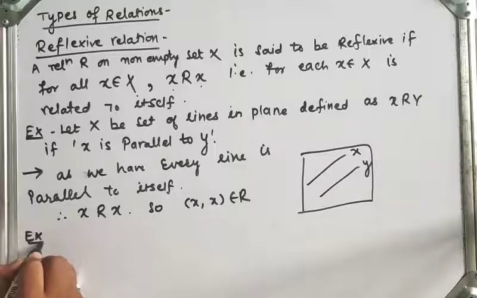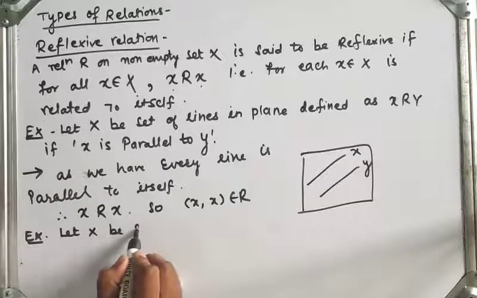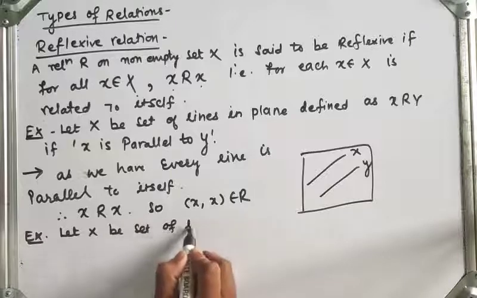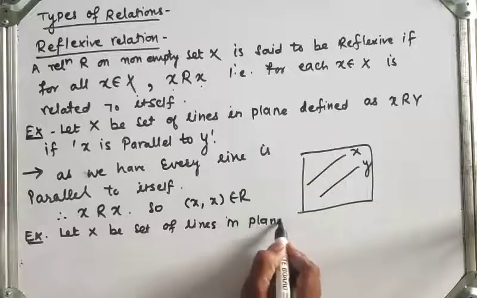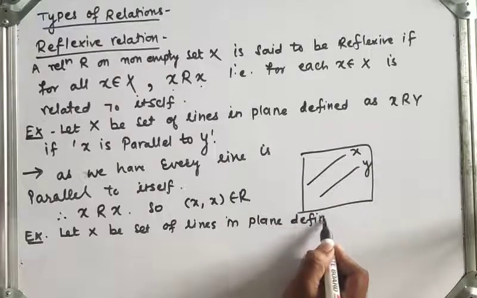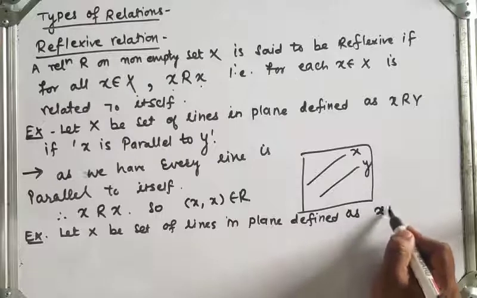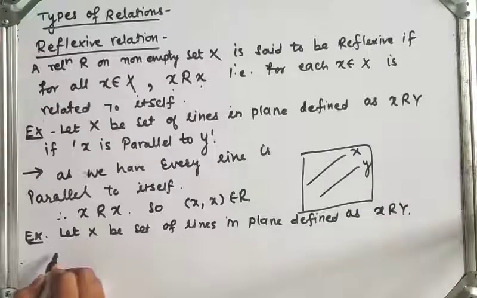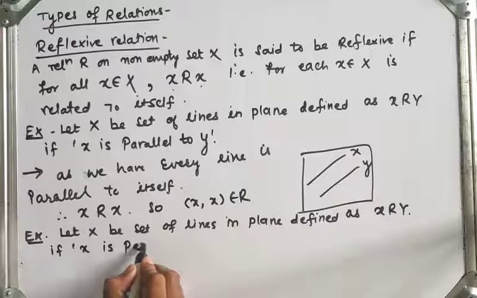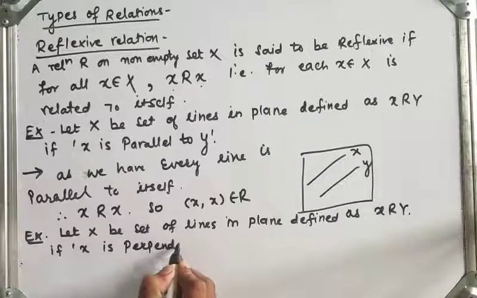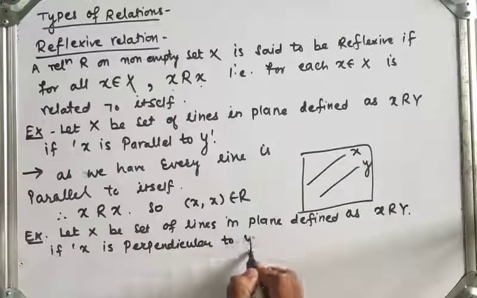Now second example. Suppose I take a relation, let X be the set of lines in a plane defined as x related to y if x is perpendicular to y.